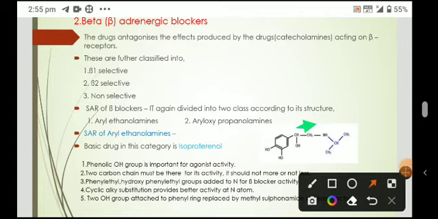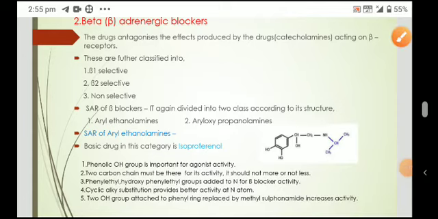Next, phenyl ethyl or hydroxyphenyl ethyl groups are added to the N of the beta blocker, means the amino group of the beta blocker. For which purpose? For its beta blocker activity. Phenyl ethyl group or the hydroxyphenyl groups are added at the amino position in order to have the blocking activity.